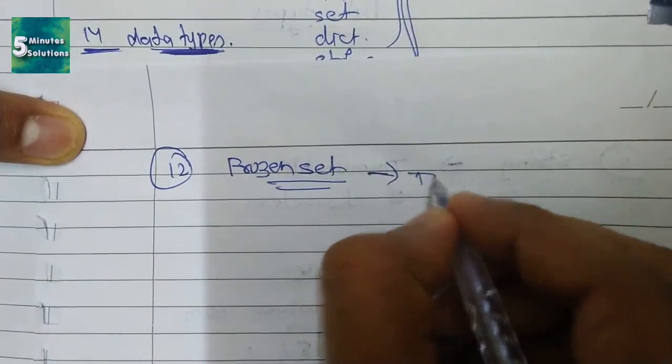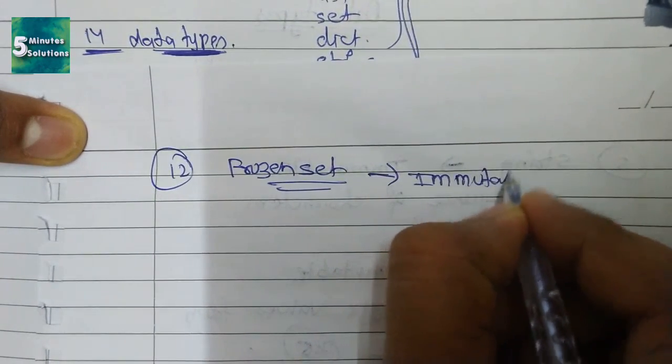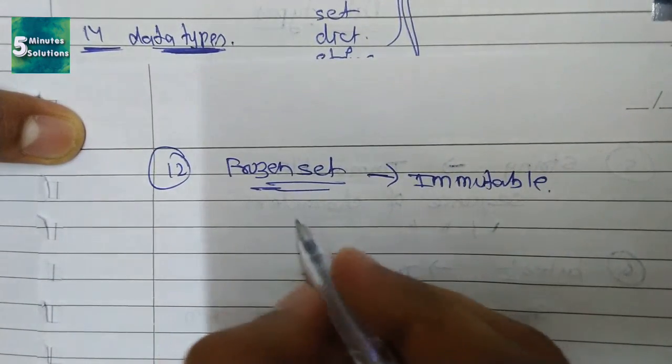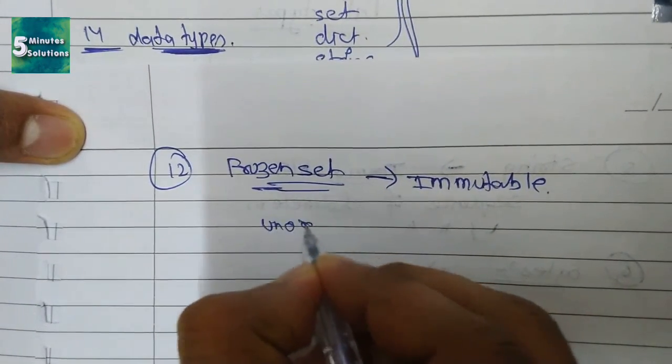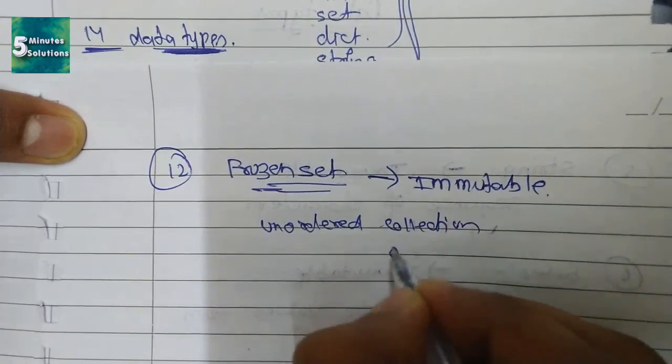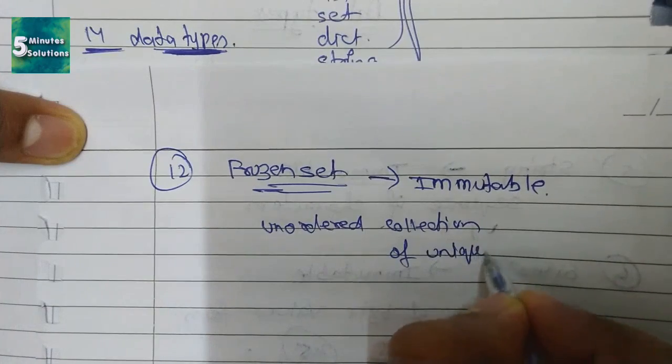Set is mutable and frozen set is immutable. Frozen set is normally used to represent an unordered collection of unique objects.